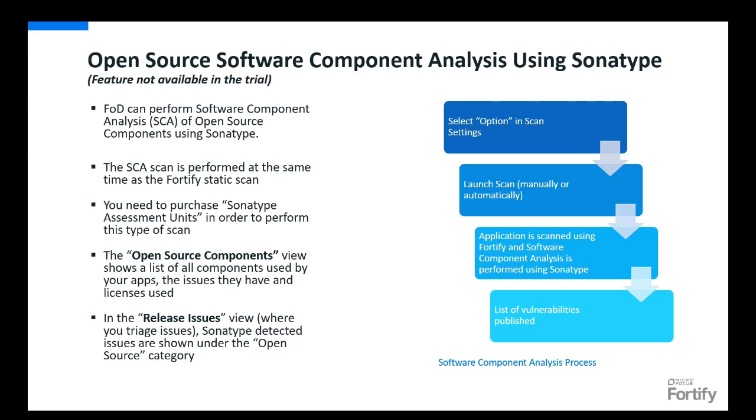Then when you launch the scan, either automatically or manually, in parallel with the scan of your source code using Fortify, we pass an inventory of all the components you use to Sonatype, and it publishes a list of vulnerabilities that exist in the open source components that you use. And that's displayed fully integrated within the FoD environment.